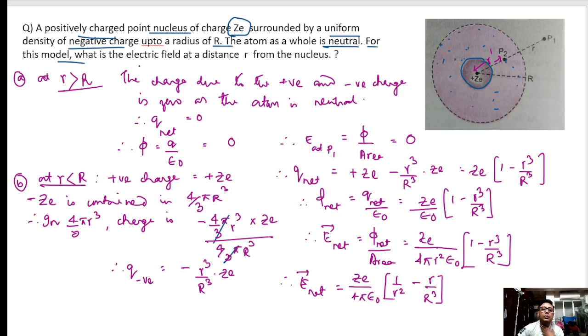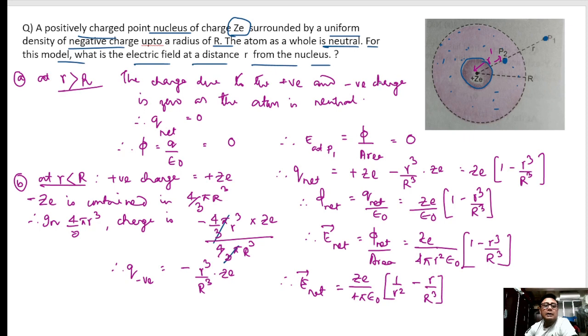For this model, what is the electric field at a distance R from the nucleus? So I have to find out what is the electric field at this position from the nucleus, or at this position. It can be inside and it can be outside. So let's see.